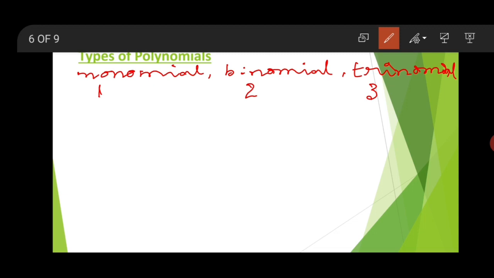Okay. Then types of polynomials. We can classify the polynomials in this way also. Number 1, based on the degree of the polynomial.